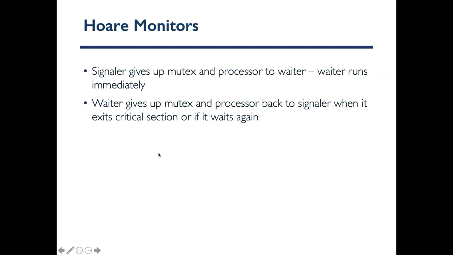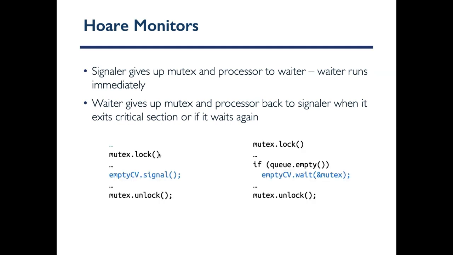Okay, so let's see an example of how Hoare monitors work. This is when you can actually use if. Let's say you acquire the mutex, you lock the mutex, and this is a producer. Let's say the producer acquires the lock and puts an item and then signals.